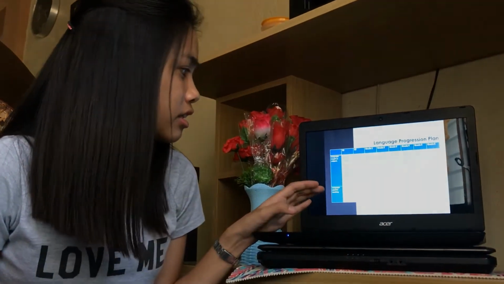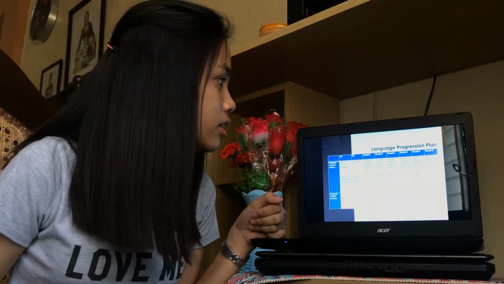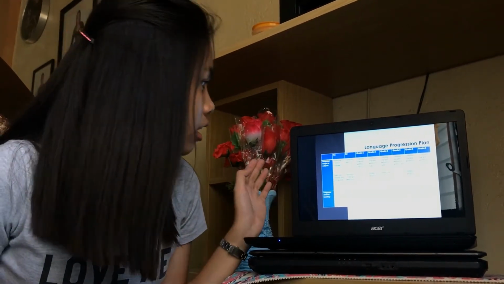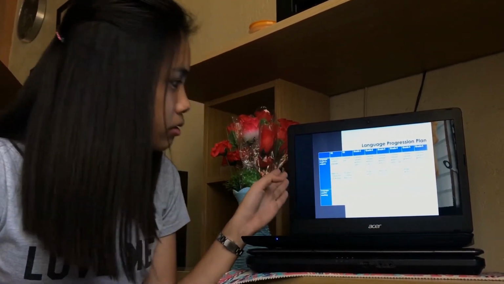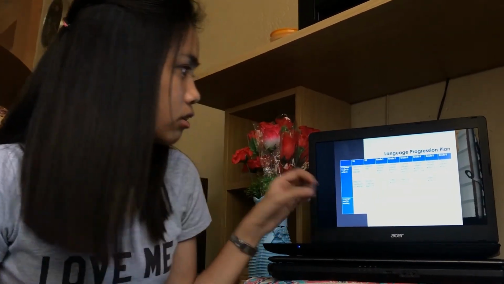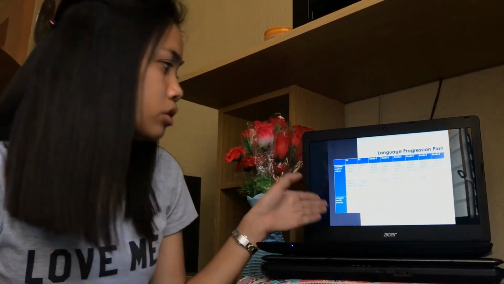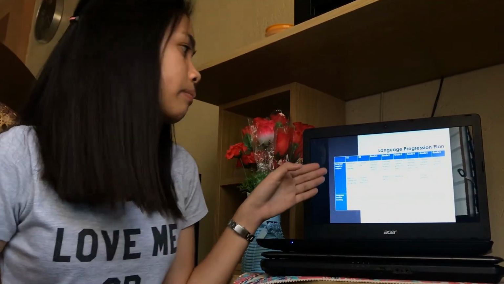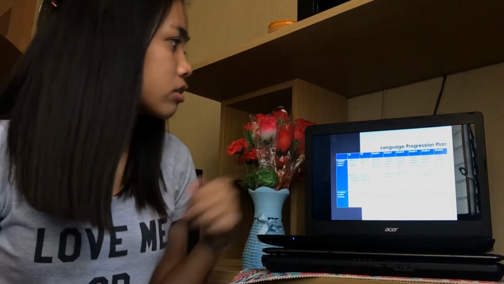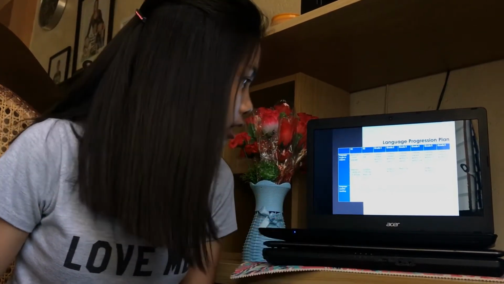Languages used for teaching is the L1. In K2, continue oral. Then you will introduce L1 literacy, then begin with oral L2. The language used for teaching is the L1, followed by grade 1, continue oral and written L1 and oral L2.